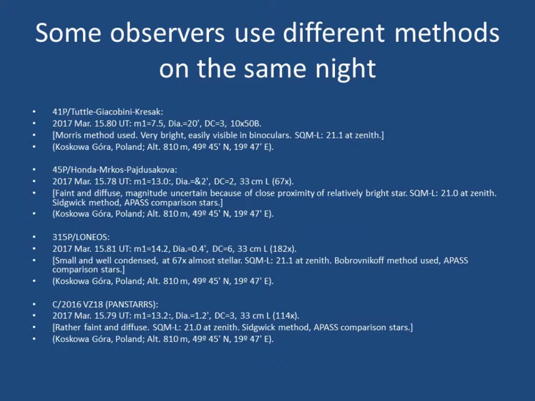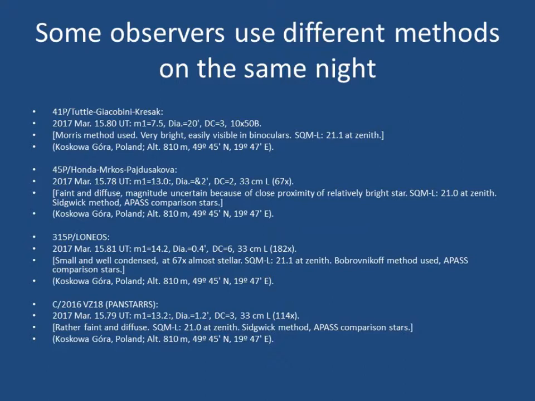Probably one of them is making a double star measurement with a filar micrometer, a very successful one. That's difficult. Comet guiding for comet imaging in the old-fashioned way, when they used to do photography, is very difficult as well. So you can see here that this guy has used different techniques on the same night.